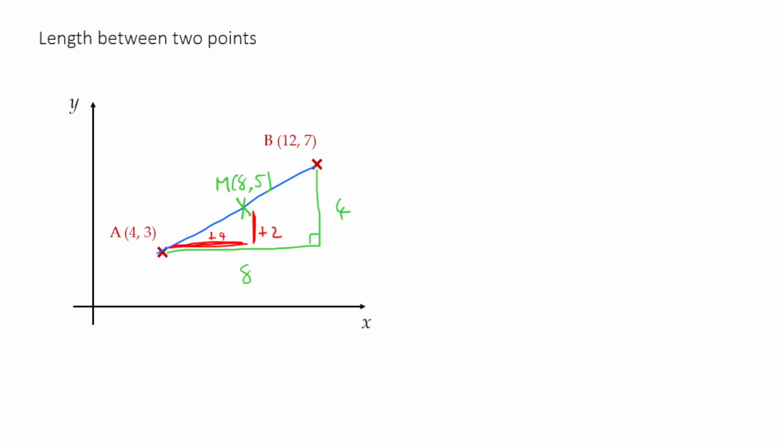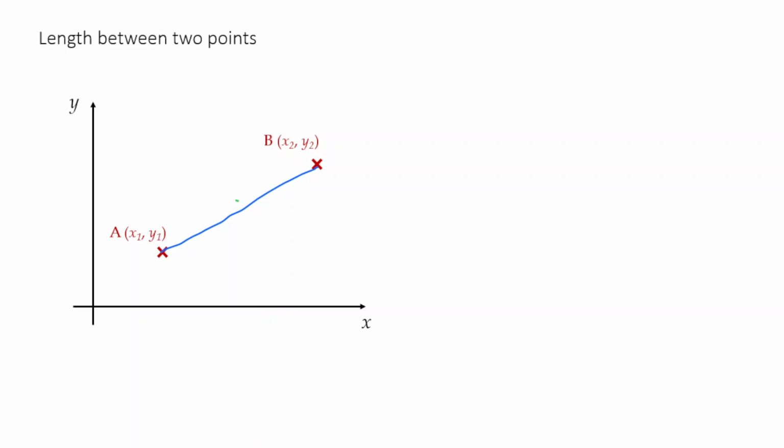So what you can say is that for the midpoint, the x value has got to be exactly halfway between the two other x values, and the y value must be halfway between the two other y values also. Now, there's actually a simpler way for you to do that. You can use a formula. Let's say that we've got 2 generic points here, the point A with general coordinates x1, y1, and the point B with general coordinates x2, y2.